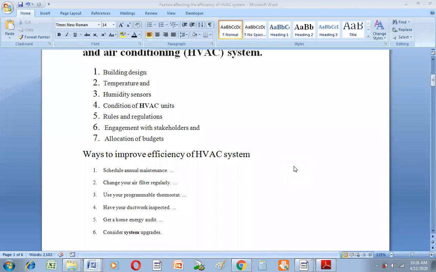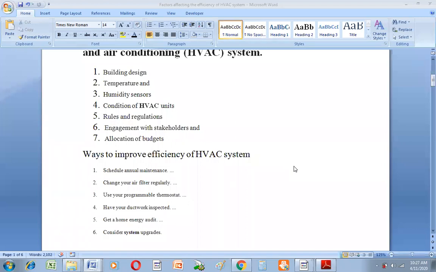So this is one of the points in the home energy audit. Then we have to use star rated compressors, or we have to use lamps. For example, what will happen if you use incandescent lamps in the room where an air conditioner system is fixed? These incandescent lamps will produce some heat, which will put some load on the HVAC system, because heat is unnecessarily produced by the incandescent lamps.